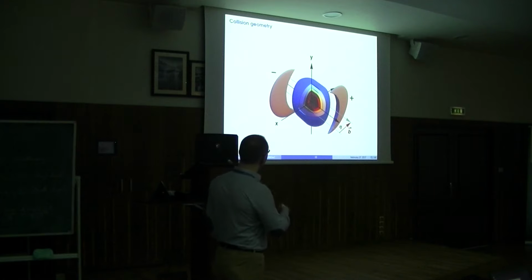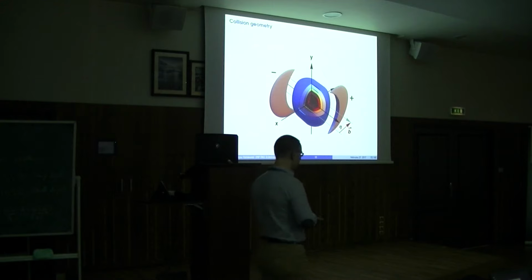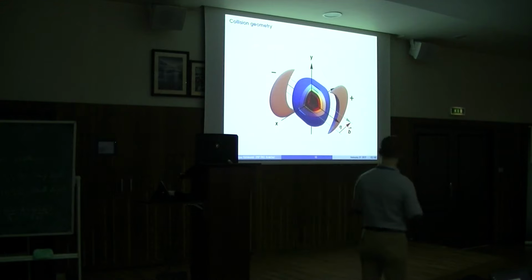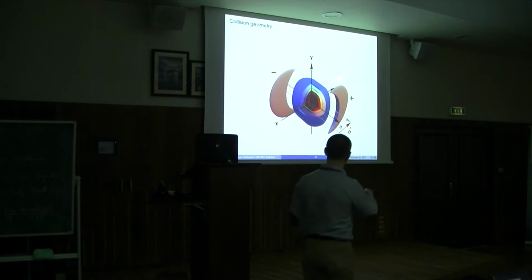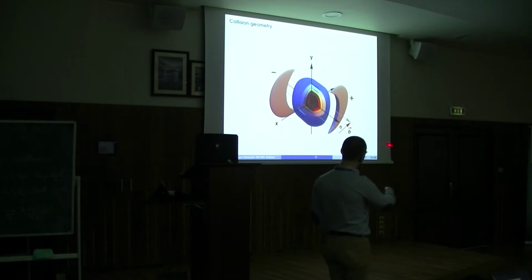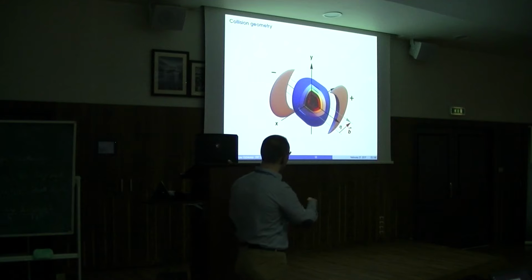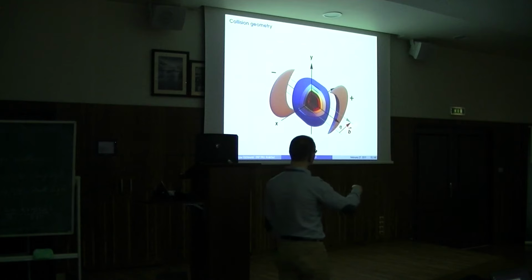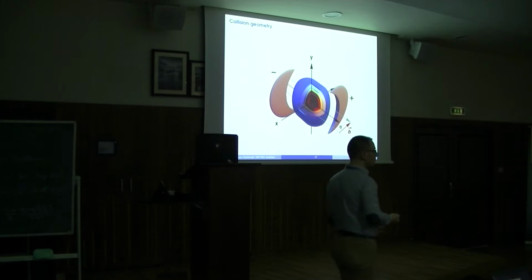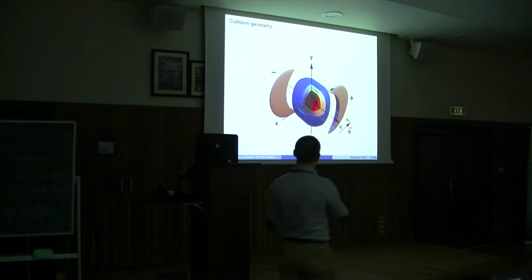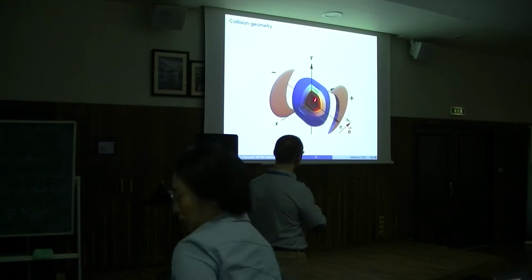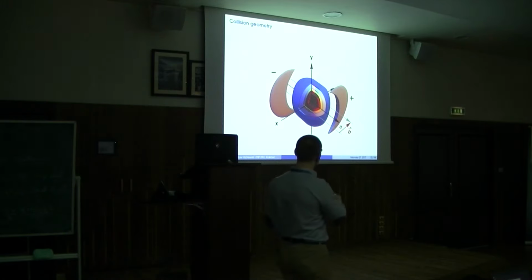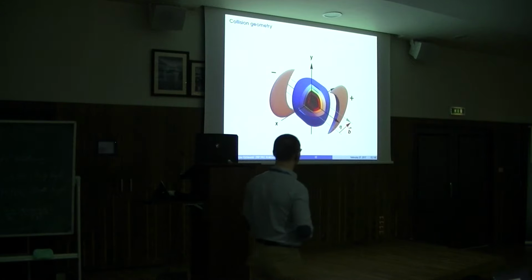This picture shows more or less how we define our coordinate system in this evolution. We assume that the direction of the beam, the eta direction, and the x direction, which is parallel to the impact parameter between the centers of the nuclei, span the so-called reaction plane. In the perpendicular direction, you have the y direction.